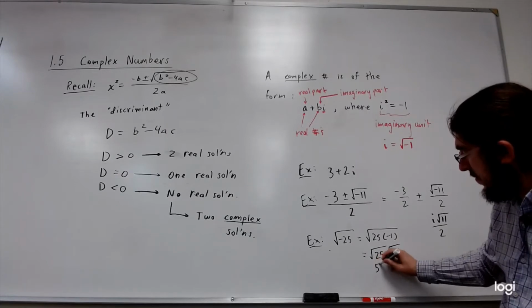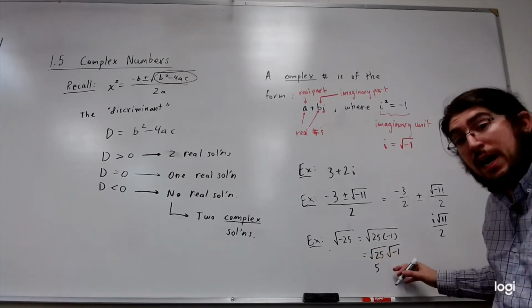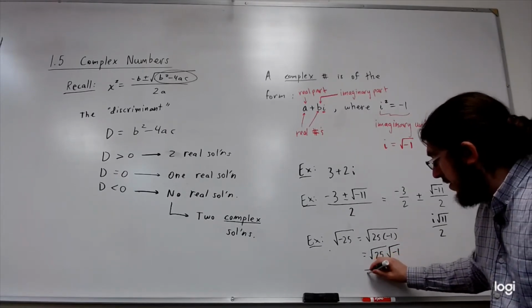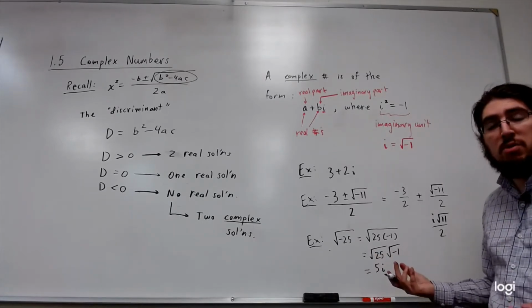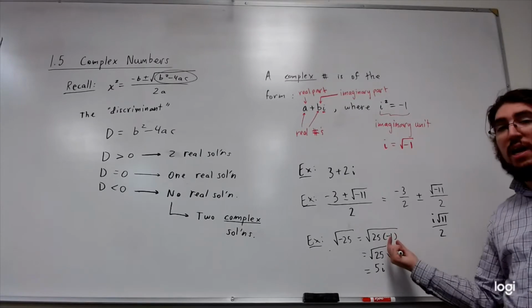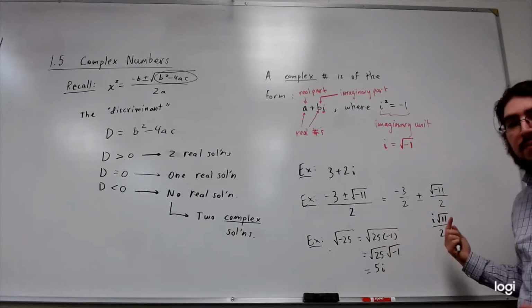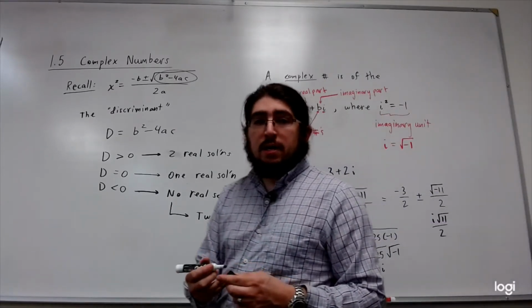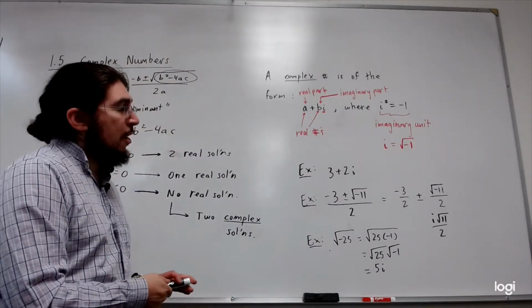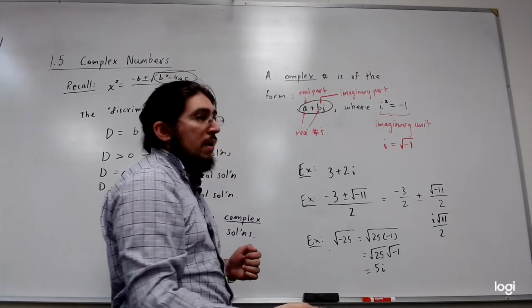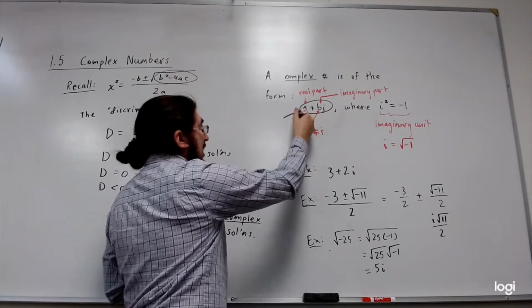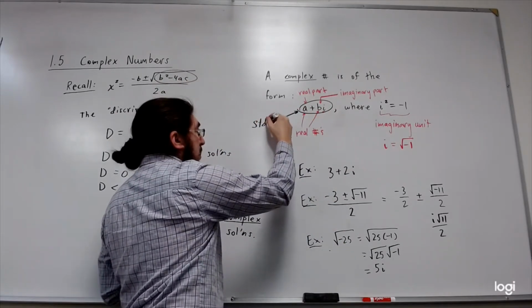Since the square root of 25 is 5 and the square root of -1 is I, this is just 5i. So very similarly here, all this is really telling us to do is you can get rid of the negative inside of the radical for an I on the outside. And that's kind of the mechanics behind complex numbers and how you can rewrite something in this form. By the way, this form of a complex number is called standard form for complex numbers.